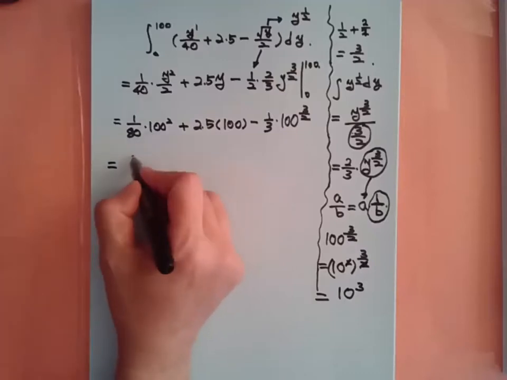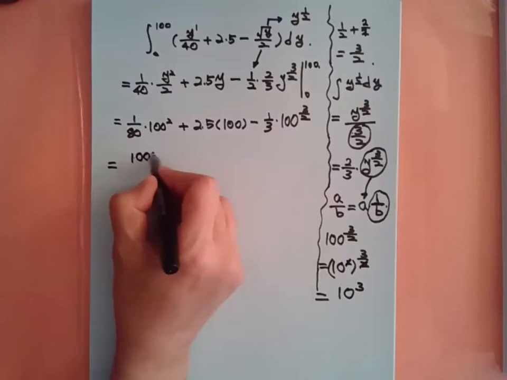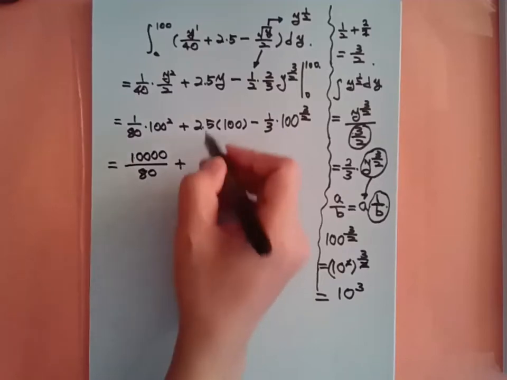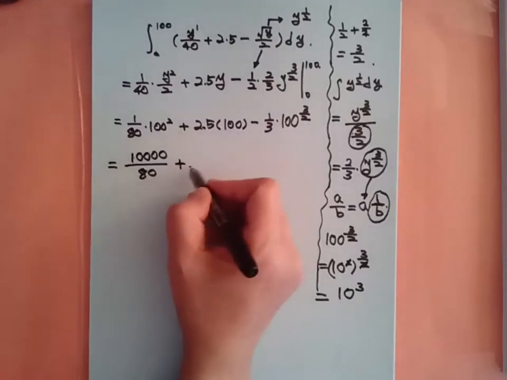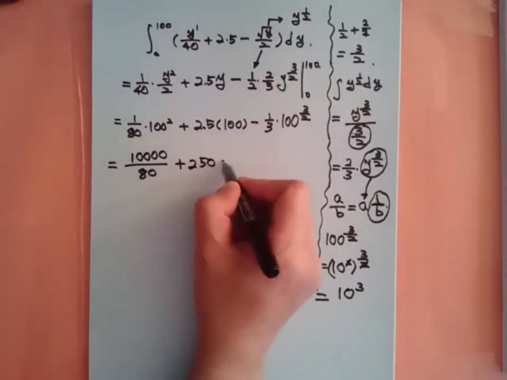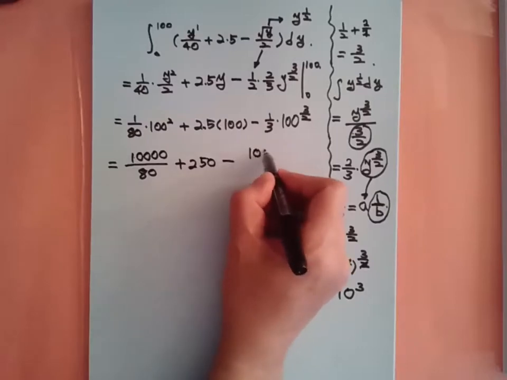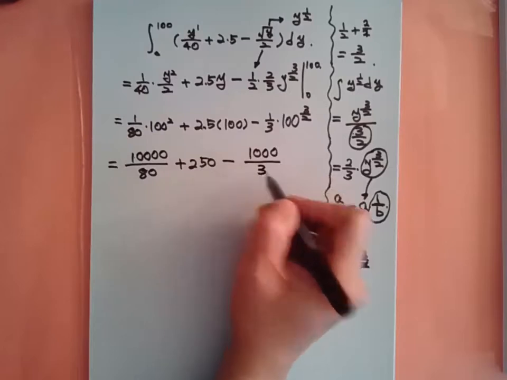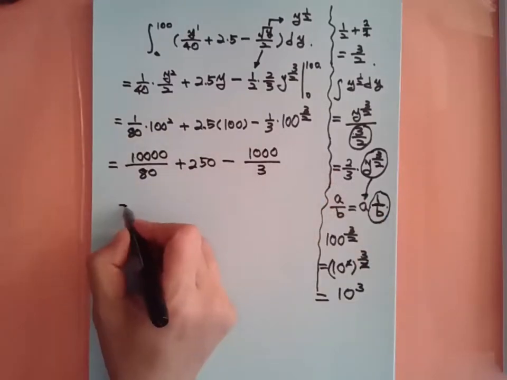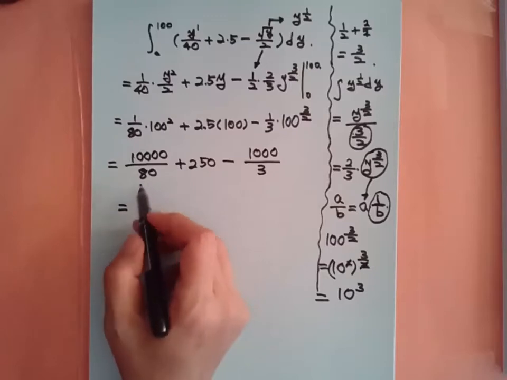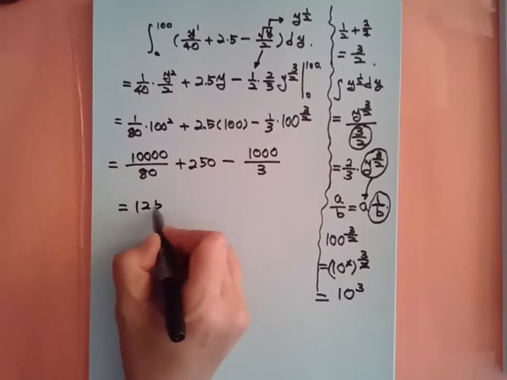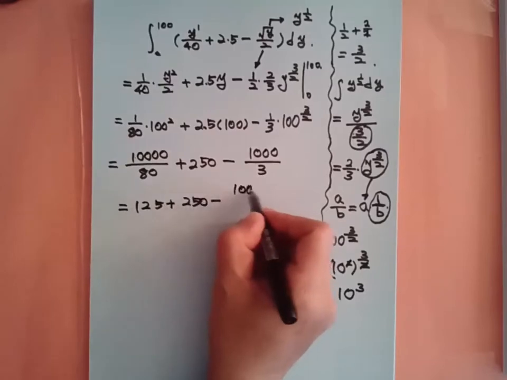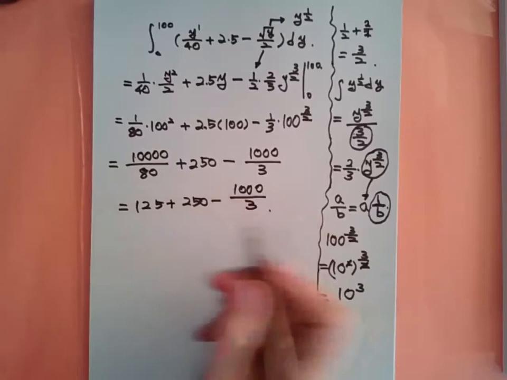For this part, 100 squared is 10,000 over 80 plus 2.5 times 100 is 250 minus 1,000 over 3. So if you use your calculator, then that'll be 125 plus 250 minus 1,000 over 3.